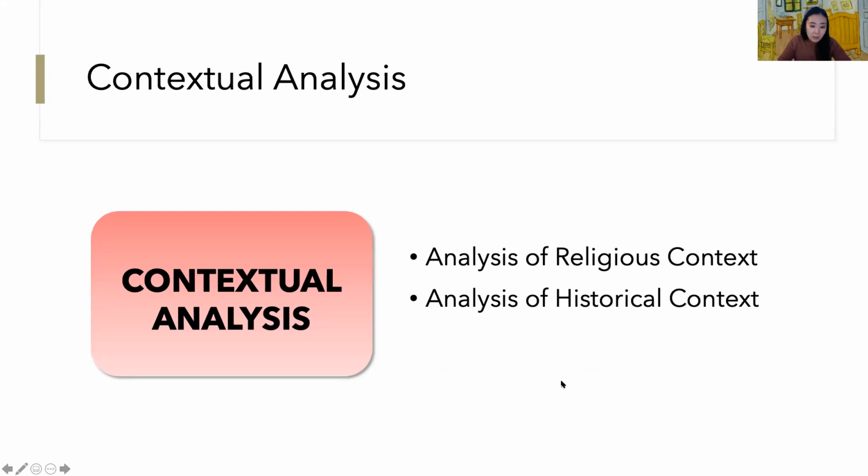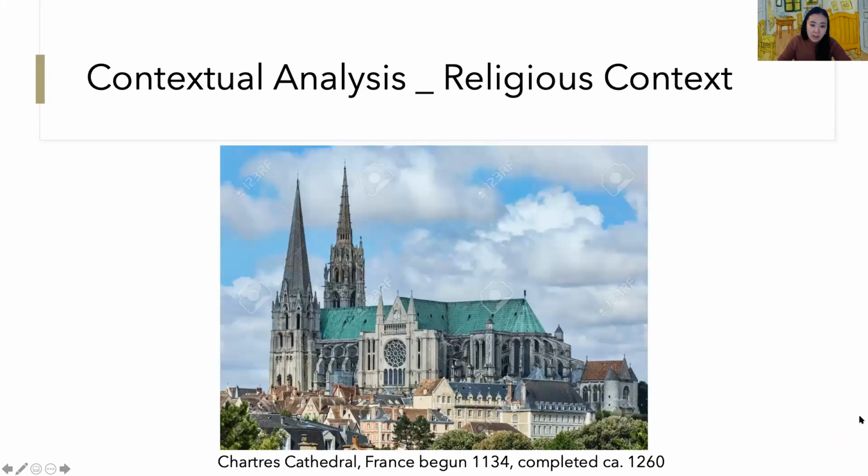So let's analyze this church first, based on religious context analysis. In the Middle Ages, about 1,000 years between the 5th century and the 14th century, Christian art flourished in Western culture.